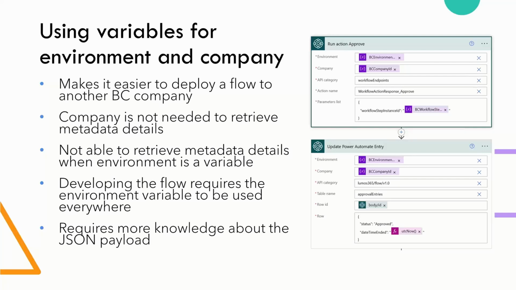What I mean with that is, as you can see here on the screen, on the top we have the run action approve. Now the parameters list that you see there is not just a list of properties from that API. It is actually a full JSON that you need to specify there.